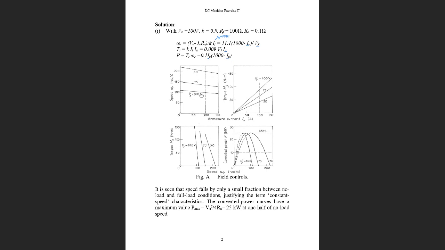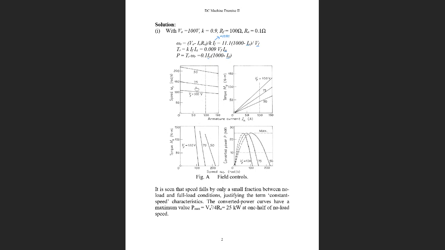When the field voltage becomes lower, say 75 volts, the motor speed is higher than when the field voltage is 100 volts. So if the field voltage is higher, the motor speed is lower.